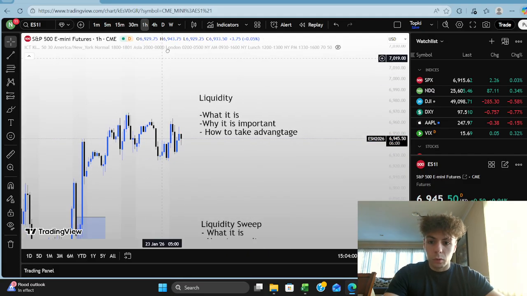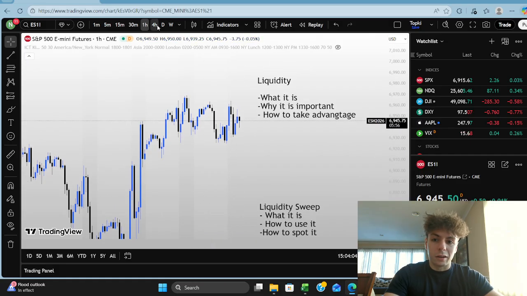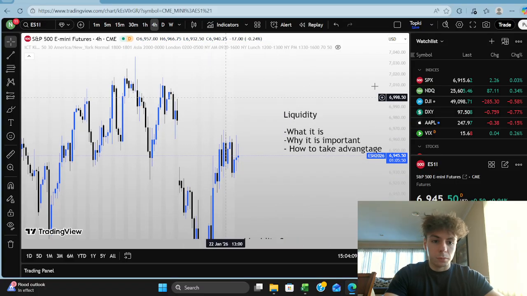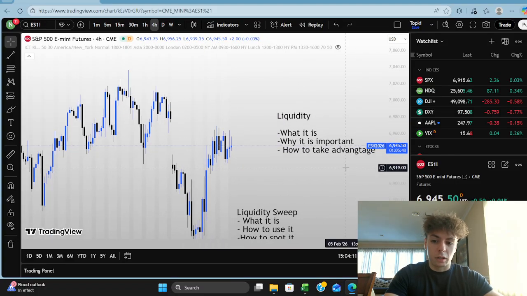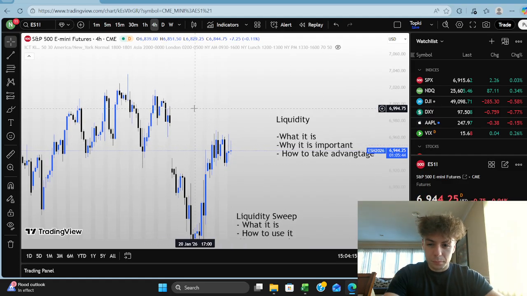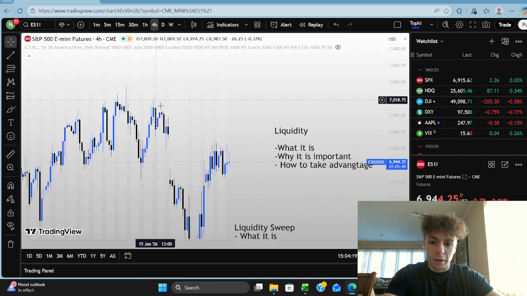So for example, that is why swing highs are high levels of liquidity. You just have to think of it psychology wise. If you're looking to take a trade, where would you put your take profit or stop loss? Would you put it at a random high like here, or down here, or here?